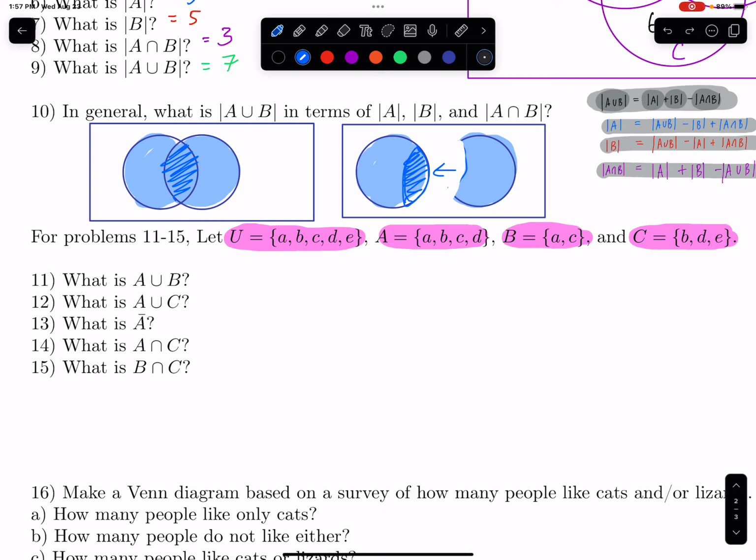You'll get 1 free point just for writing this first easy step, and that's to say A union B is equal to, what is A? A is A, B, C, D. So I'm just going to replace that with A, B, C, D. Union, and then B is A, C. By the way, guys, this kind of algebra that we're about to do is something that I expect you to be able to reproduce.